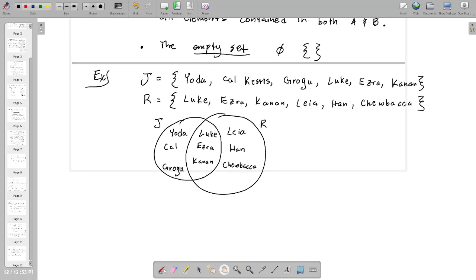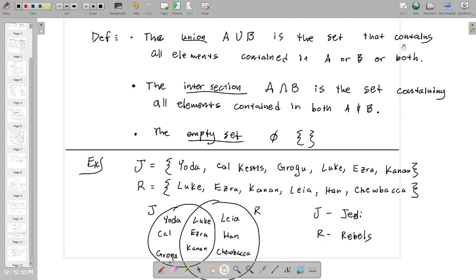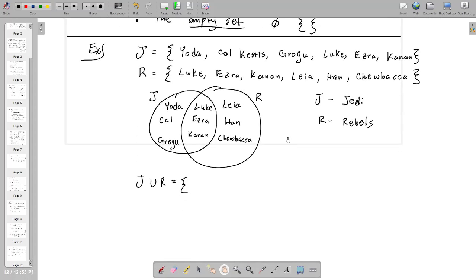Now let's talk about the intersection and the union. So J union R is going to equal the set. We look back at the definition. It's a set that contains all elements contained in A or B or both. So if you are contained in at least one of these sets, we need to write it.